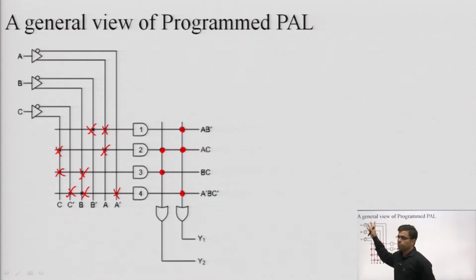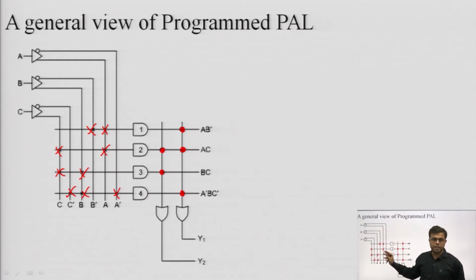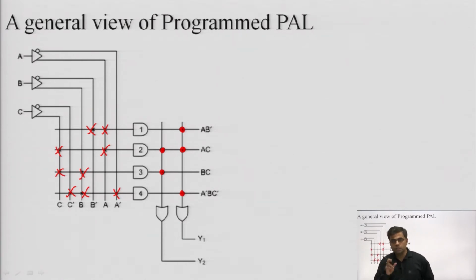We can change the products to generate a separate output, but the products involved in a sum cannot be changed. You can change the product by changing the programmable links in the AND array, but you cannot change which products are involved in a sum.